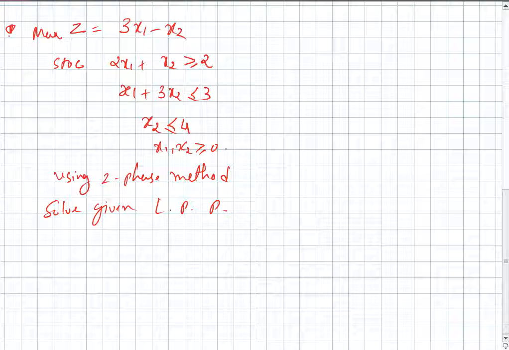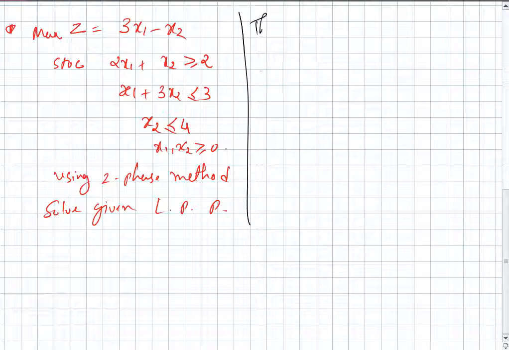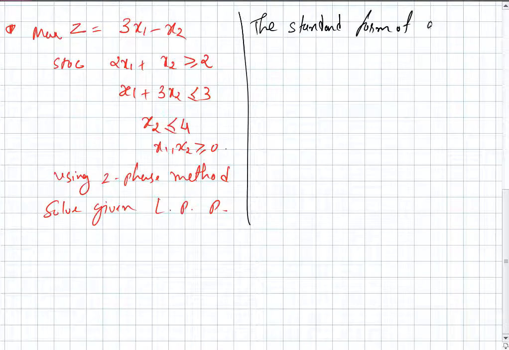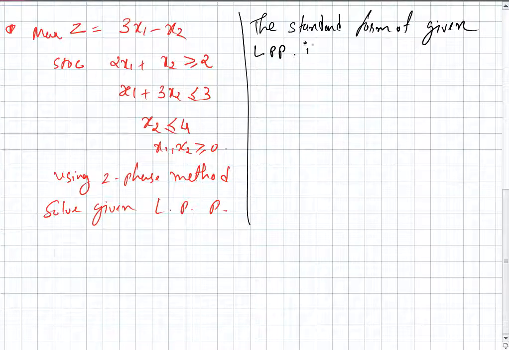Okay, so first of all, to move towards the two-phase method, we have to convert this problem into standard form. The standard form of the given linear programming problem is obtained as follows, the problem will be as it is.